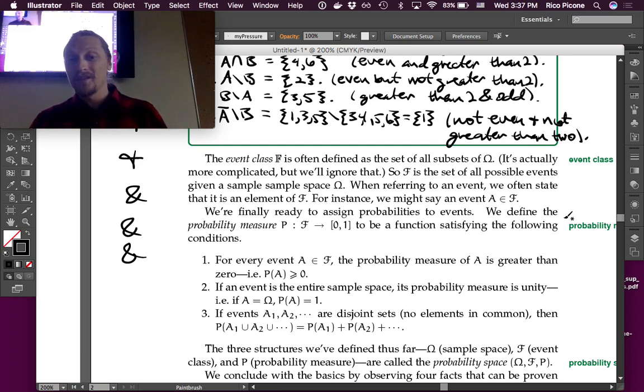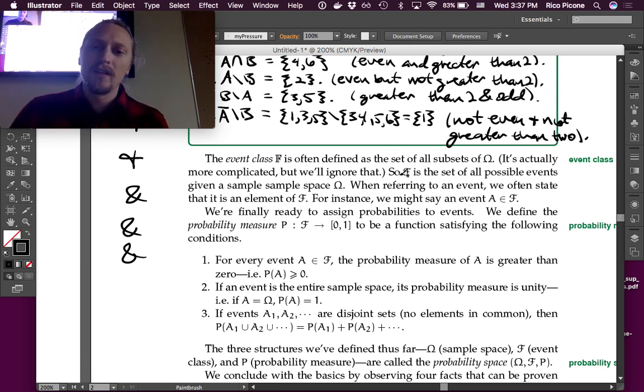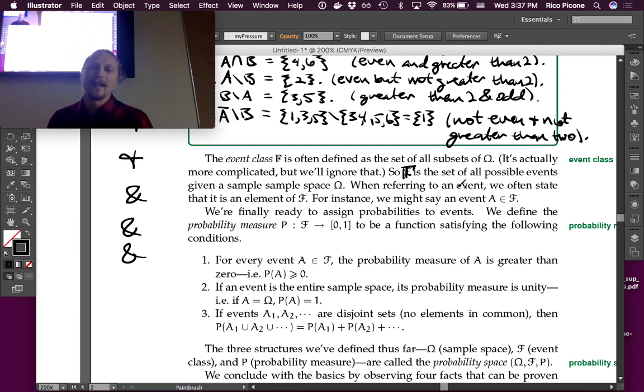It's actually more complicated, but we'll ignore that. F is the set of all possible events given a sample space omega. When referring to an event, we often state that it is an element of F.